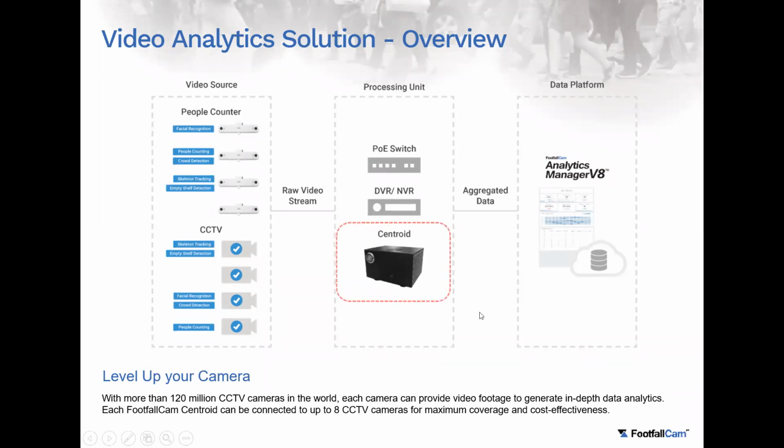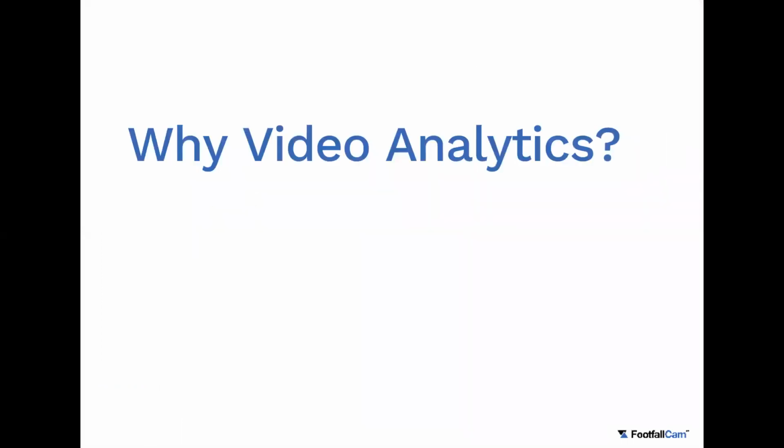But with this solution, by adding AI and video analytics, we are able to generate in-depth data analytics. Many cities already have these cameras installed, so we are able to utilize existing infrastructure. We can connect up to 8 cameras per device, making it very cost effective as well.